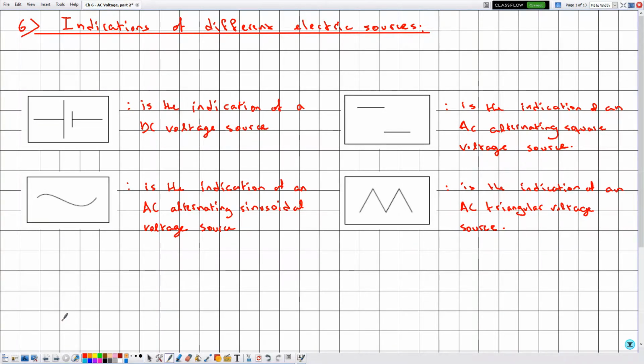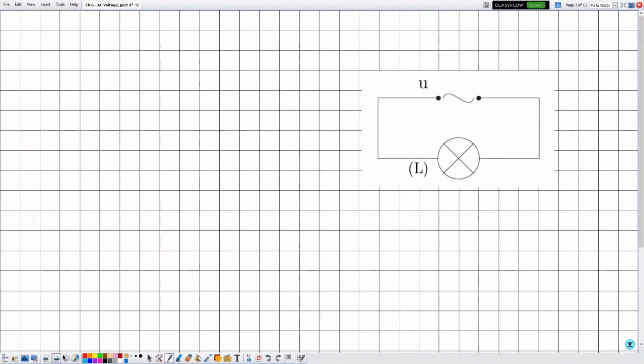Okay, so now let's move to the next section, which is the normal functioning of a lamp under an AC voltage source. Let me write down the title of this section first.